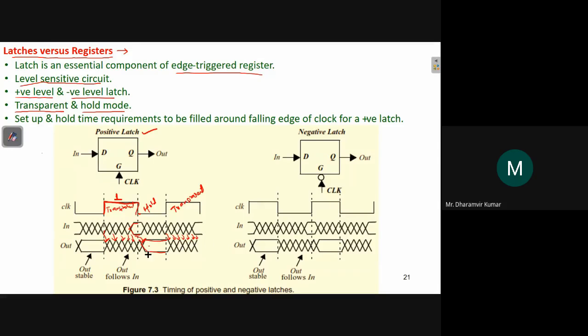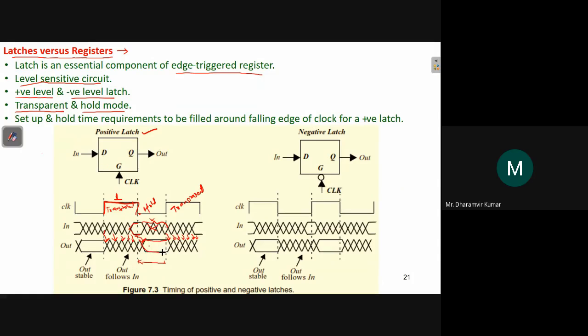So remember, look at here. When it was in hold mode for this duration of time, this input was irrelevant to the latch. It did not affect the output value. The last content was held tightly.